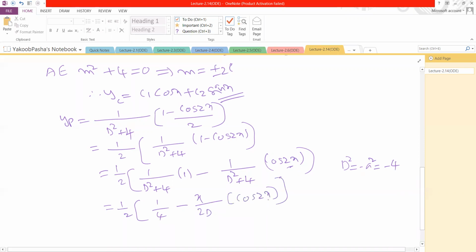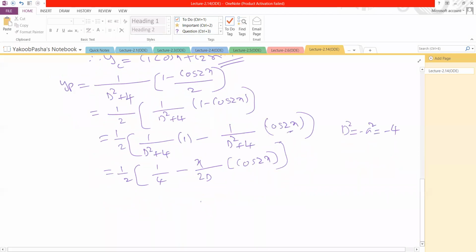Now this is equal to 1 by 2 of 1 by 4 minus x by 2. 1 by D means integration of cos 2x, and the integration of cos 2x is sin 2x by 2. So this is equal to 1 by 8 minus x by 8 sin 2x. This is the particular integral of the given differential equation.